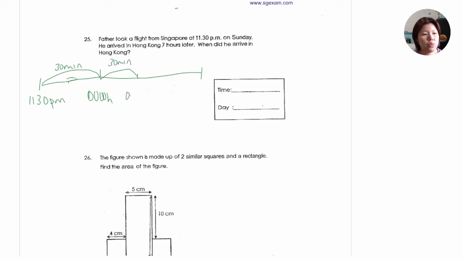It will be 0030. And this is Sunday. And this is Monday. So 1 hour is gone. I'm left with 6 hours. So one whole chunk of 6 hours will be 0630. So the time in 24 hours, they didn't mention, so we leave it at 24 hours, and then the day will be Monday.